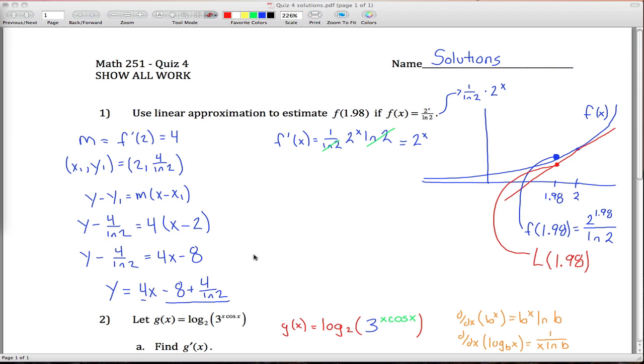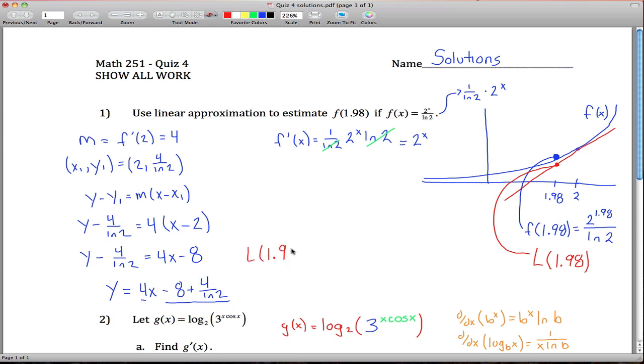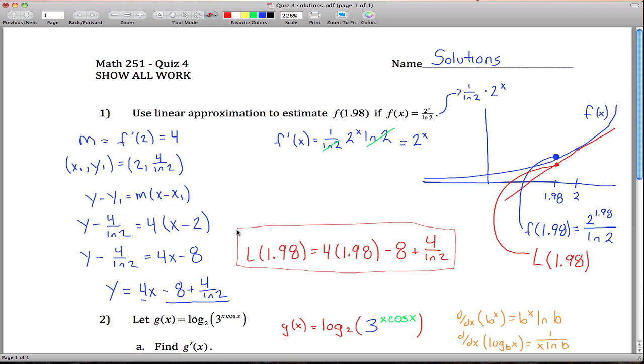So our linear approximation, which you usually write like this, although if you didn't, I don't care, is equal to 4 times 1.98 minus 8 plus 4 divided by natural log of 2. And I think I just told you to leave it as a big mess like this. You could simplify a little bit, but you won't ever get it all the way down to just a number. So might as well just leave it like that.